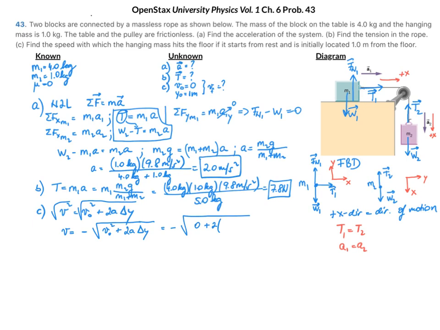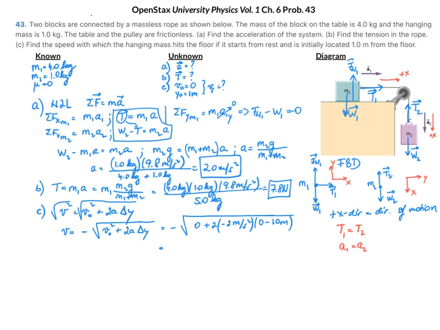So now the acceleration is down. A2 is down. So I'm going to use negative 2 meters per second squared, the way we did with kinematics. And delta y is final position minus initial position. So final position is 0 when it hits the ground. Initial position is the 1 meter that we were told that mass m2 was above the ground.